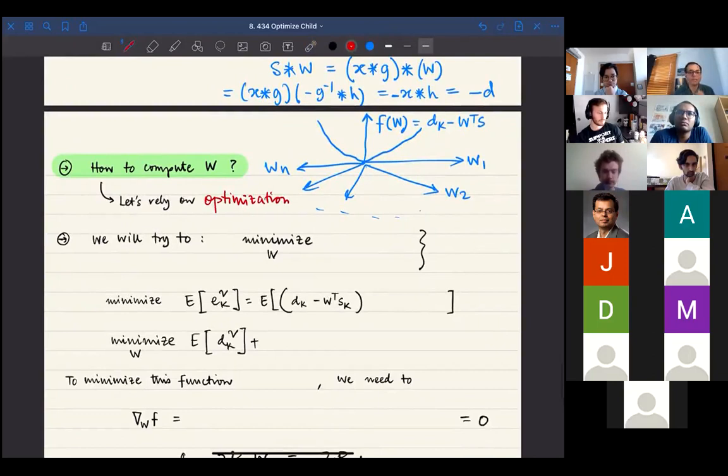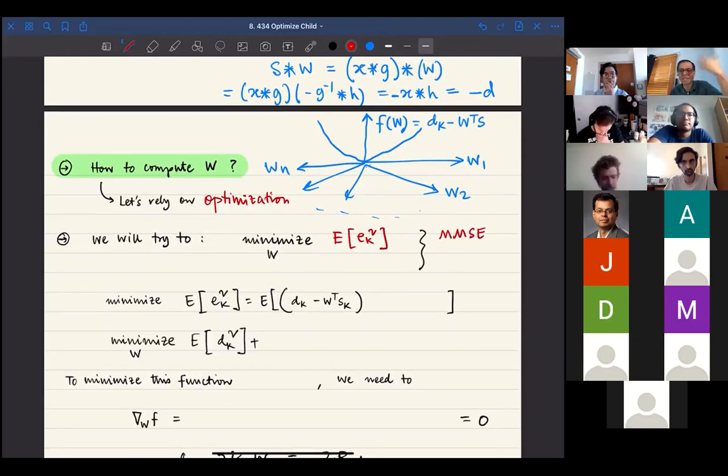I want to quickly do this. So we will try to minimize. Ideally, we should have minimized ek. But for many reasons, we are going to minimize the expectation of ek squared. This is often called minimum mean square error. Squaring has some value, in that everything becomes positive. And we don't want to minimize one instance.